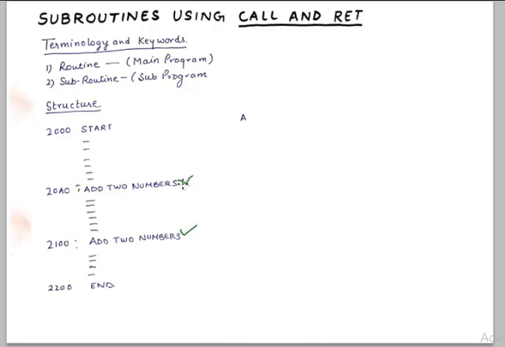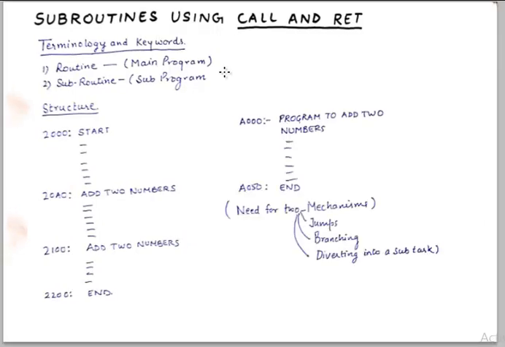So we'll write a subprogram, which will be also known as a subroutine, at some different location, pretty far away from the main program. So what I do is add A000, which is far off from 2000 where the main program is written.